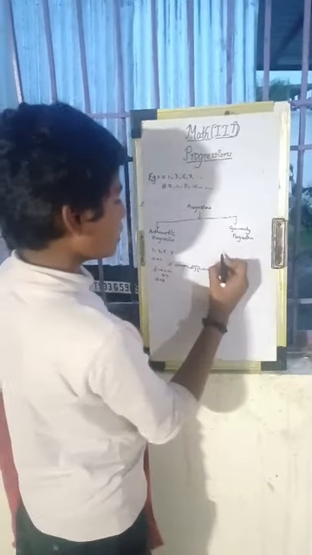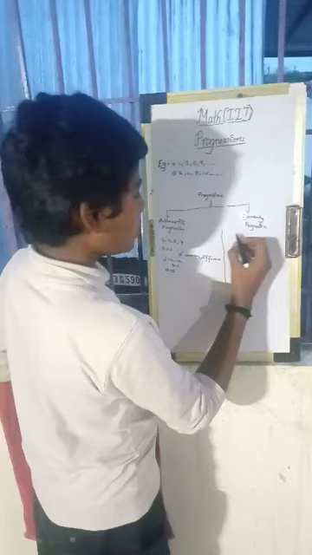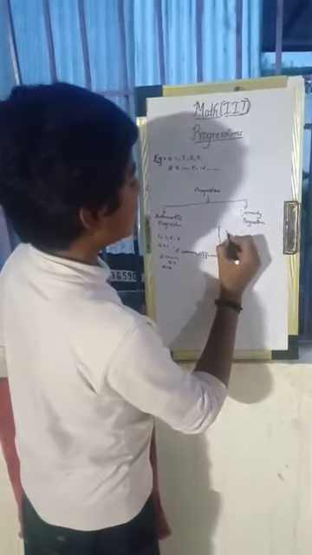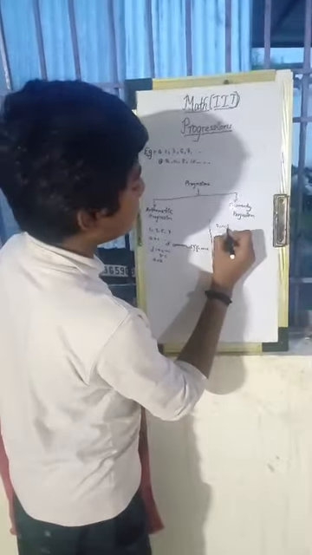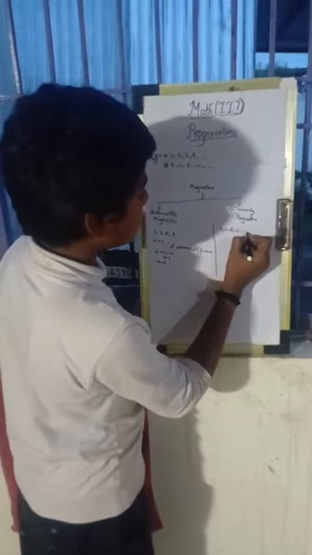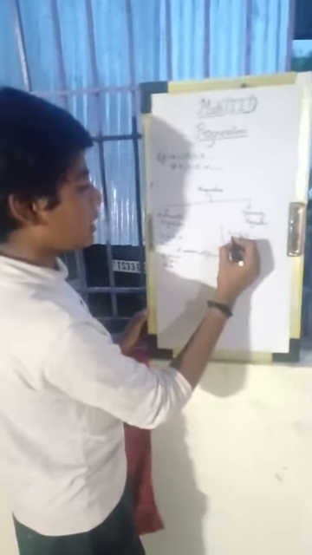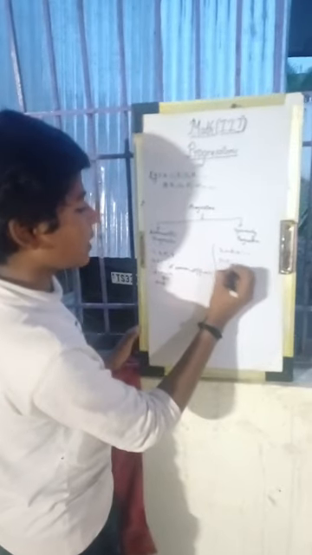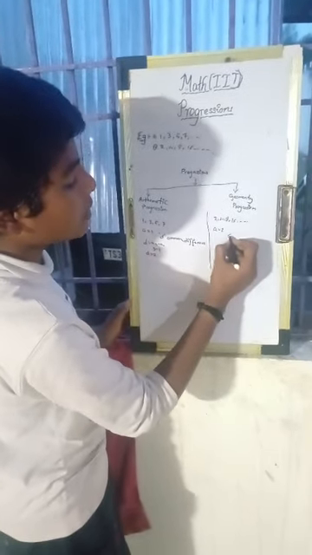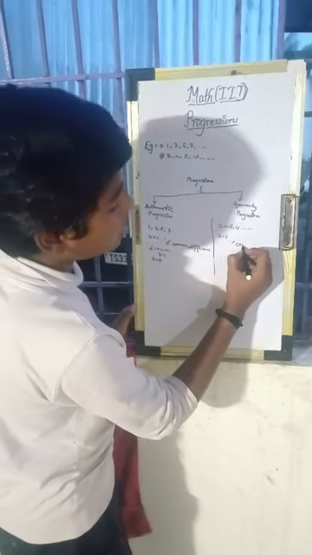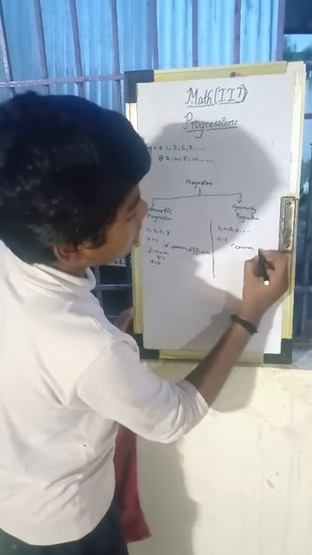Next, geometric progression. For example, 2, 4, 8, 16 and so on. Here A is 2 and R means common ratio.